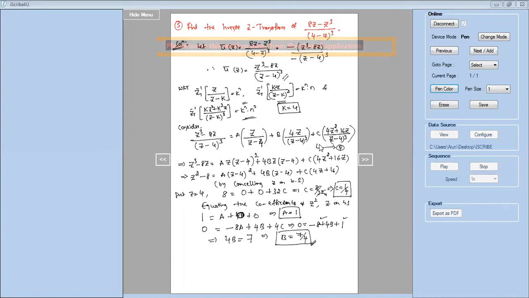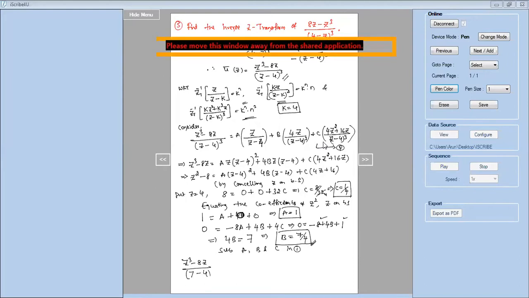So substituting a, b and c in 1, we get z cube minus 8z divided by z minus 4 whole cube equals, a was 1, so it is z by z minus 4. So the first term, a is 1, so I get the same thing.